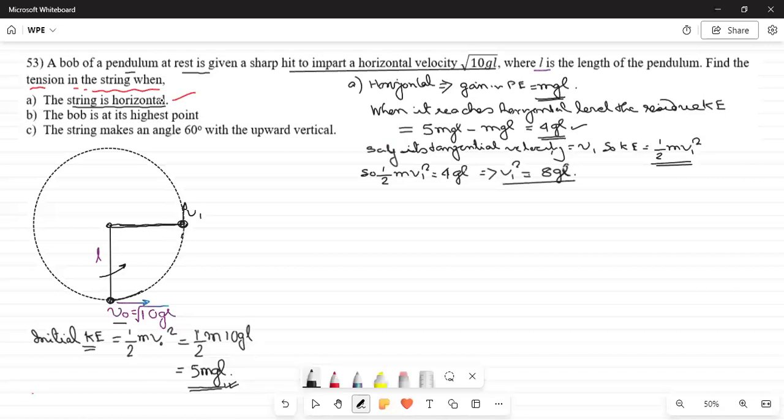And they want us to find the tension of the string. Tension of the string is equal to the centripetal force. The centripetal force equation is m v square by r, where r is the radius of the circle. Here it is m v square by L, and instead of v square, we write v1 square.